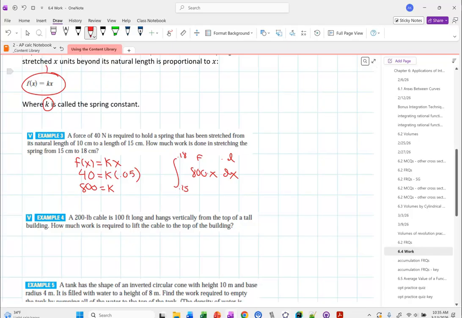Force times distance. I guess we'll have to finish this next time. What is making it into an integral and not like the previous example? Because the force is changing depending on how far the spring is stretched. The farther you stretch it, the harder it is to pull. So the force is always changing; the force is not constant.